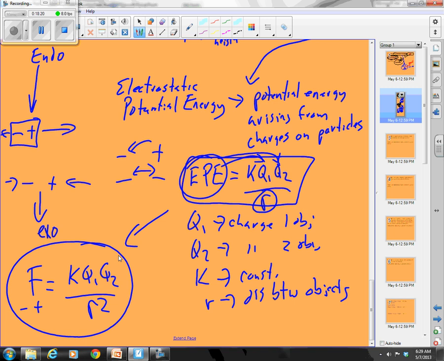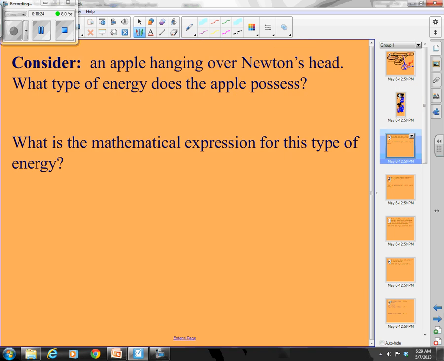Let's call it quits right here on our discussion of energy, and let's try to figure out what we're talking about here. Okay, so I have an apple hanging over Newton's head. What type of energy does this apple possess? Well, this has to do with the position of the apple relative to the head. So we'd call this positional potential energy.